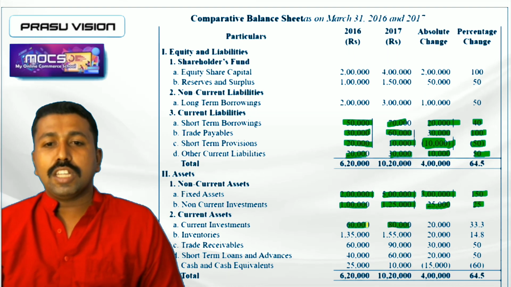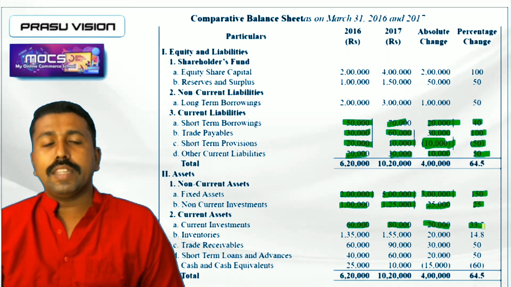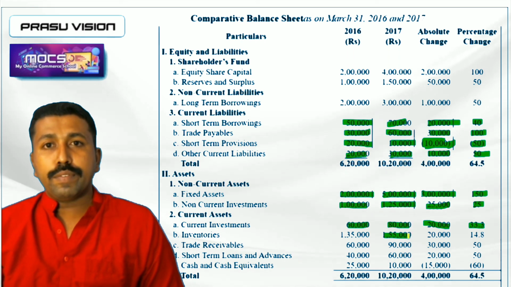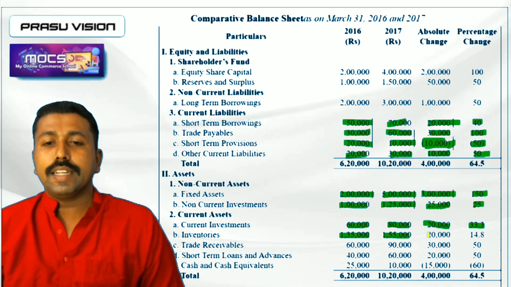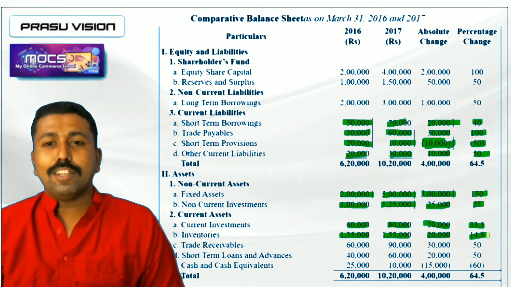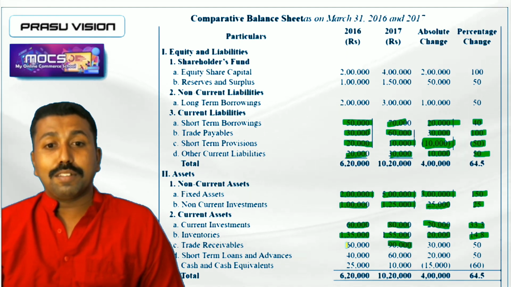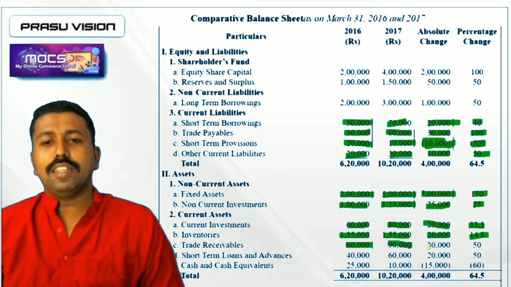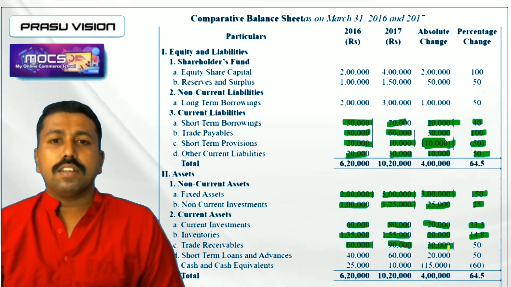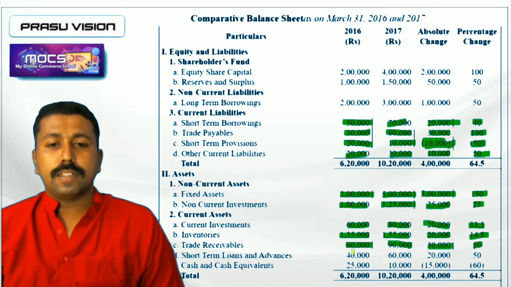80,000 minus 60,000, 20,000 is the answer. Percentage will be 33.3. 1,55,000 minus 1,35,000, we will get 20,000 as the value. So the percentage will be 14.8. And 90,000 minus 60,000, 30,000 is the absolute change. 30,000 divided by 60,000 into 100, 50%.